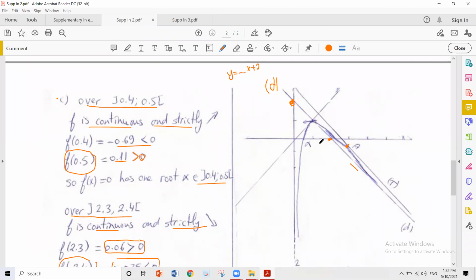We have the maximum point 1, 1. It cuts the x-axis at alpha between 0 and 0.5, f(x) equals 0, and beta between 2.3 and 2.4. This is beta here.